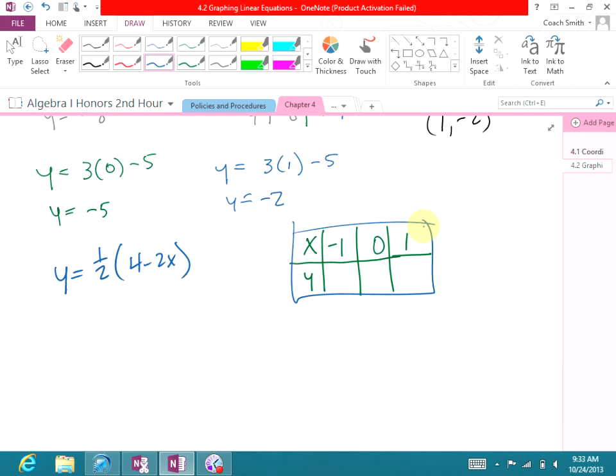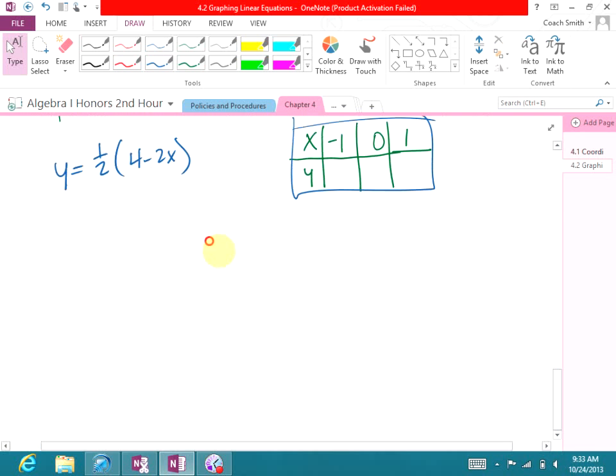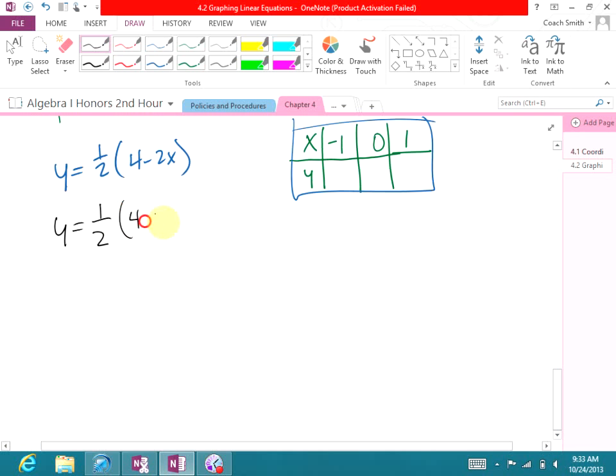All right, now, plugging in those values, that's what we do. We plug it in. So y is equal to 1/2 times 4 minus 2 times -1. I was going to make a bracket, but I'll make it a parentheses. All right, so that gives me y is equal to 1/2 times 4 minus -2.